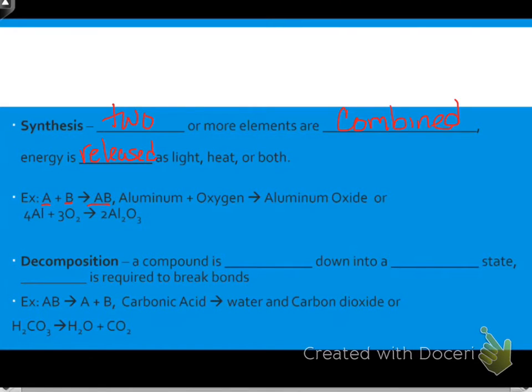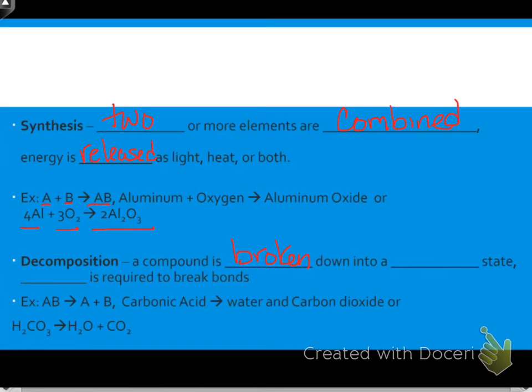When they react together, they make aluminum oxide. That looks like that in words, and right below it is the chemical equation. So 4Al plus 3O2 yields 2Al2O3. And when we talk about balancing equations, we'll talk about how it gets to be like that.